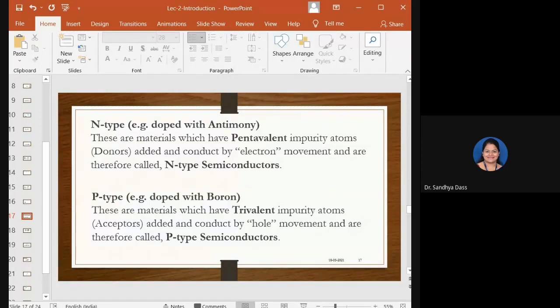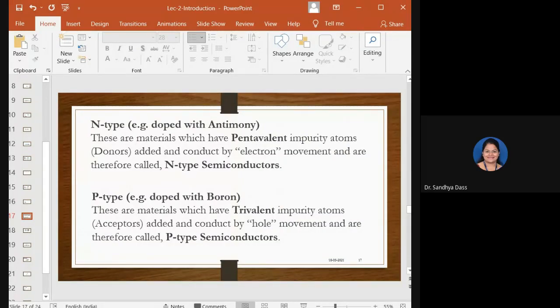There is a large number of free electrons and a small number of holes in relation to the large number of free electrons. That's the meaning. So doping gives positively charged donors and negatively charged free electrons, right? And supply of energy gives negatively charged free electrons and positively charged holes. That is N-type, okay?